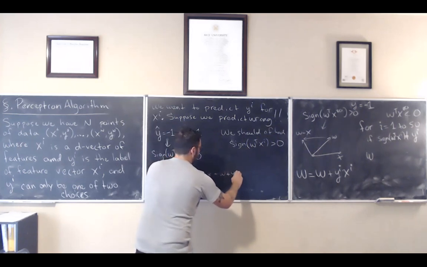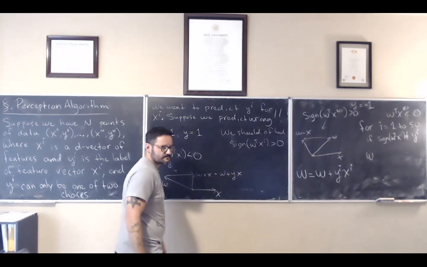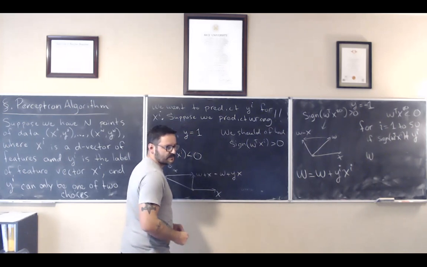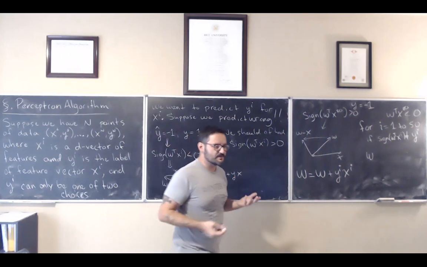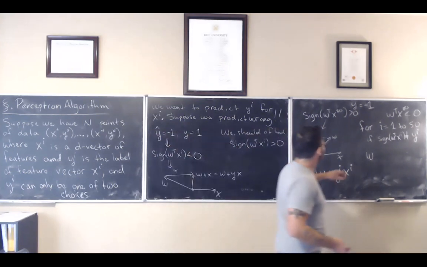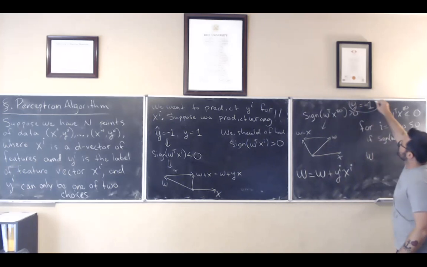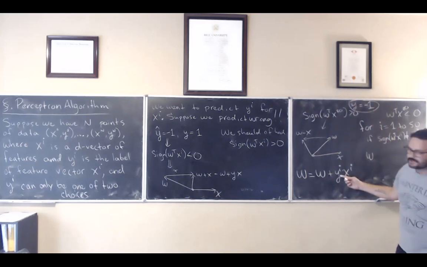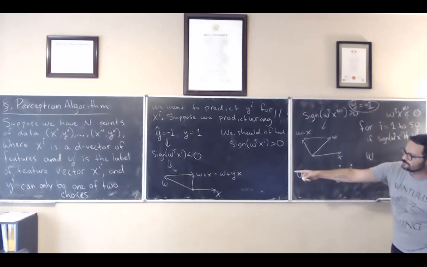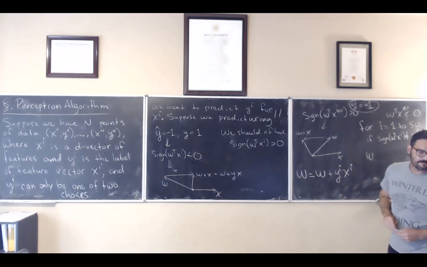W plus y times x. Does that make sense? That way we don't have to write an if-else statement. We just look at the actual value for y, and it'll be the sign that we need to either subtract x or add x, depending on how we got it wrong.